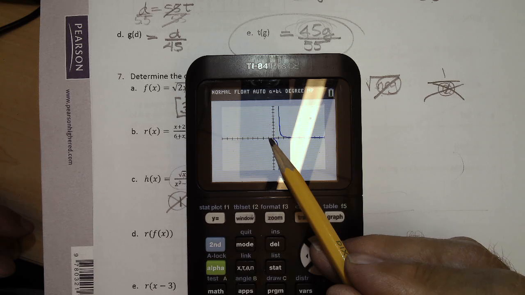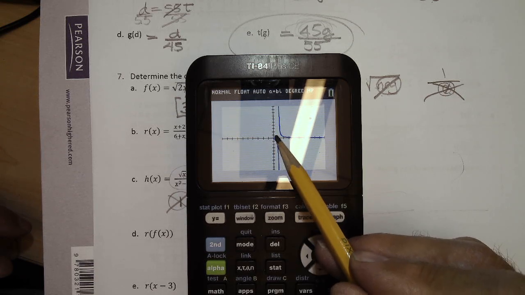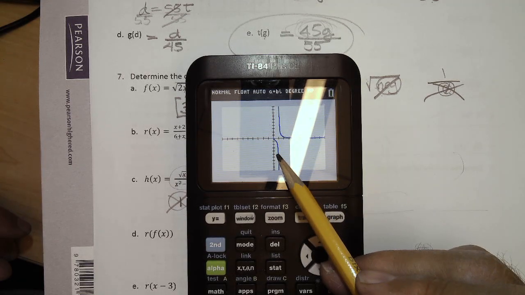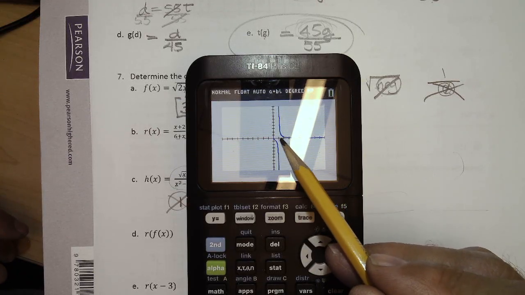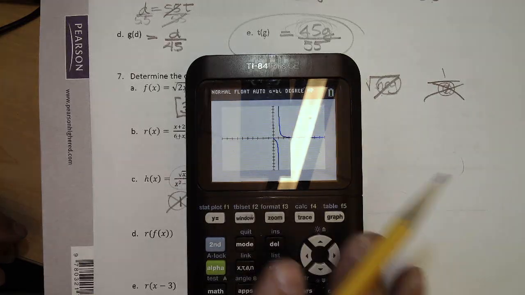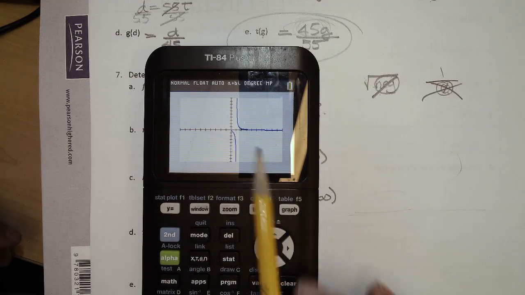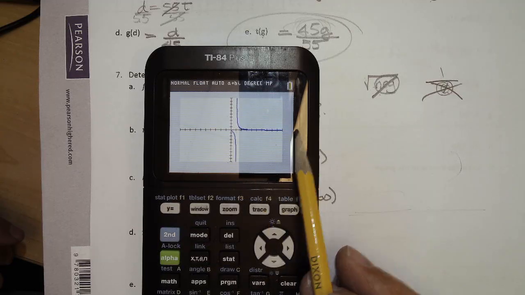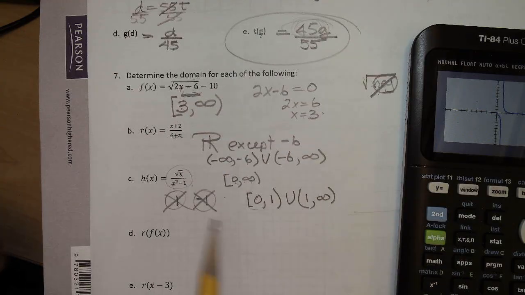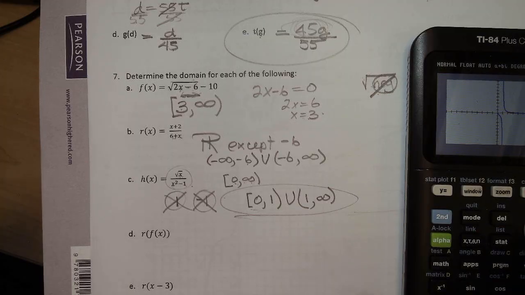The graph shows up from 0 up to about 1, and then it just disappears. It avoids it on this side and avoids it on this side, but then after 1, the graph shows up again. So it's indicating that we can go from 0 to 1, but not 1, and then from beyond 1 we can use. That's how you can check yourself with a graph.